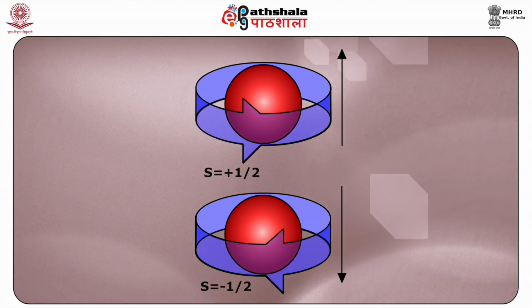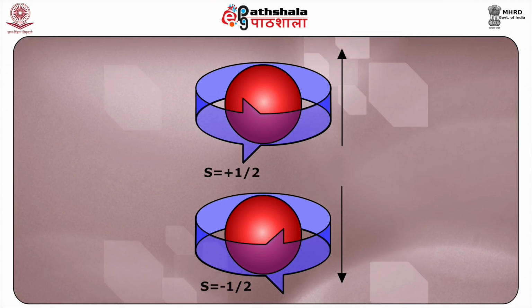The spinning of an electron about its own axis gives rise to the spin quantum number represented by ms. It is required to fully specify the ambience of an electron in the atom.